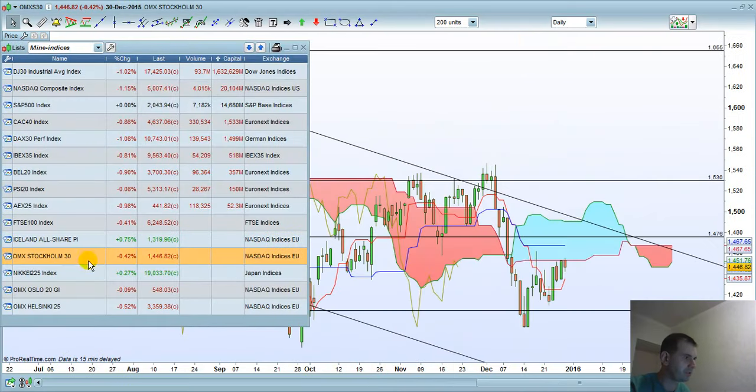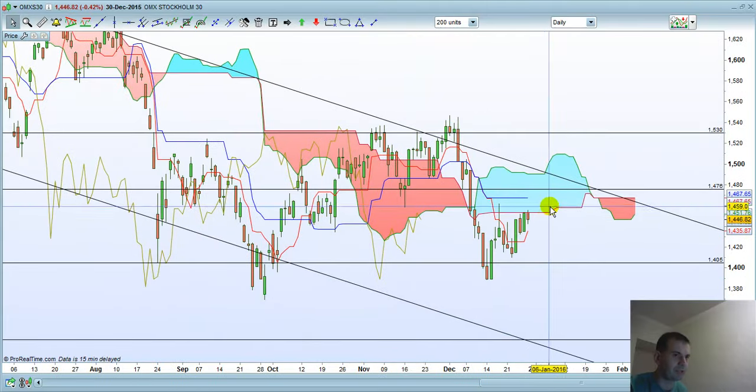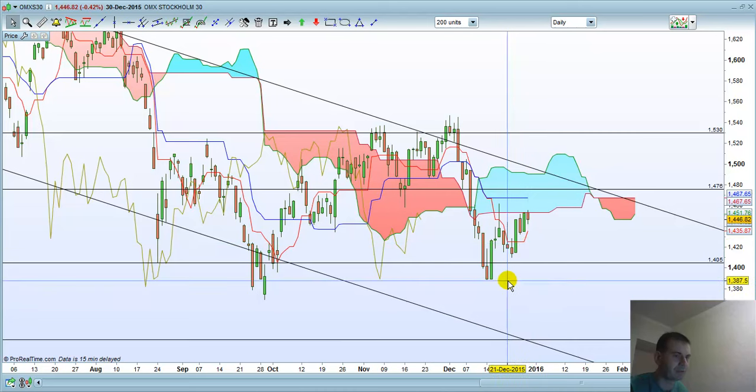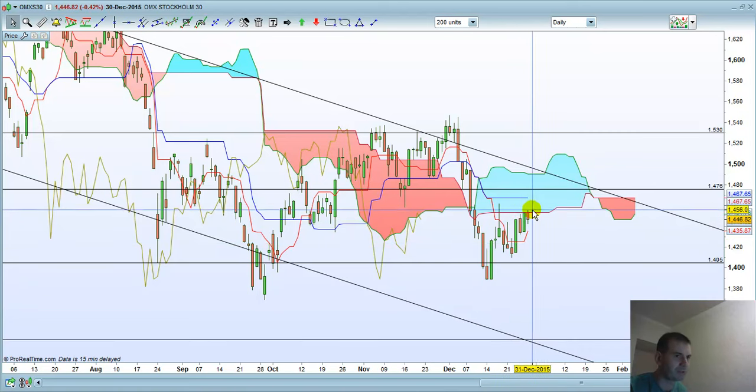Next index is OMX Stockholm 30. It moves under the cloud. We can see a small pullback, minor pullback to the lower body of the cloud. The future cloud is crossed on the bearish side.